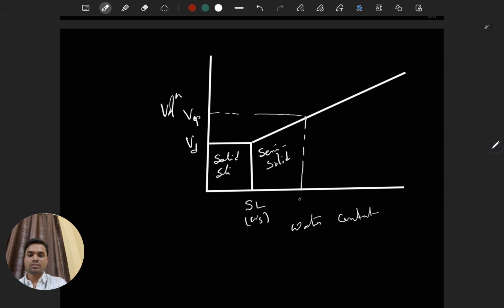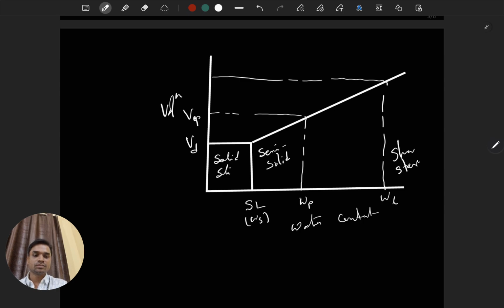I hope it is clear. There will be plastic water content, WP. And similarly, if we increase the volume of water further, it will be the liquid limit. After that the soil will flow like water, which means shear strength is equal to 0.